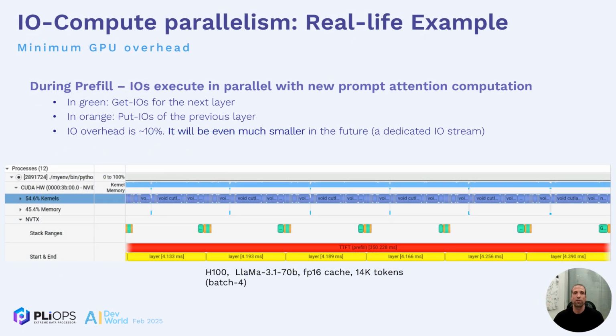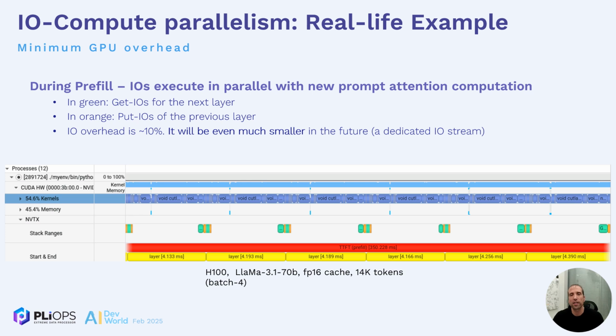So far, we've discussed the theoretical performance benefits of KV cache offloading and the conditions for maximizing speedup. Now let's see how we at Pliops implemented this. To achieve maximum parallelism between I/O and compute, we need each layer to do three things in parallel. First, read the KV cache of the next layer, second, write the newly generated KV cache of the previous layer, and third, compute the current layer's operation.